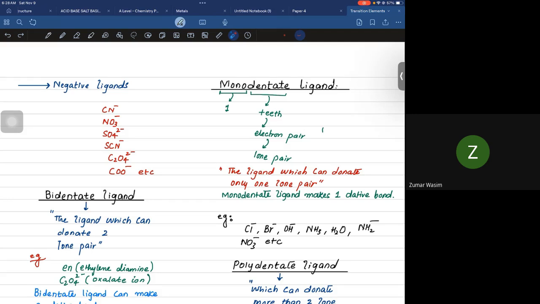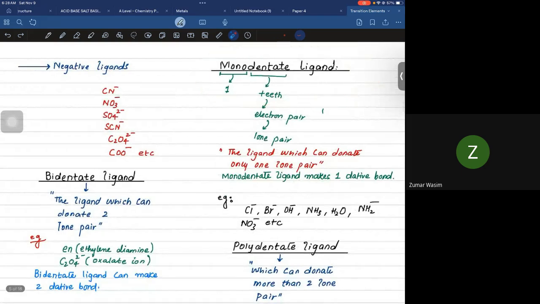Let's suppose this is a monodentate ligand. Monodentate means mono means one and dentate means teeth. Teeth means electron pair.